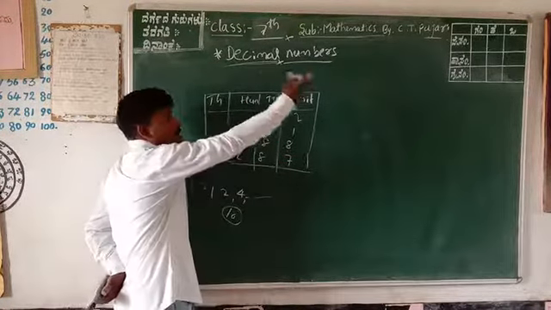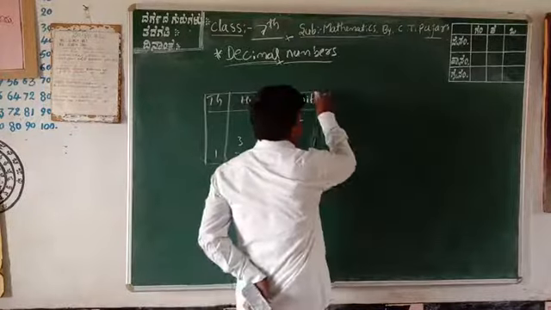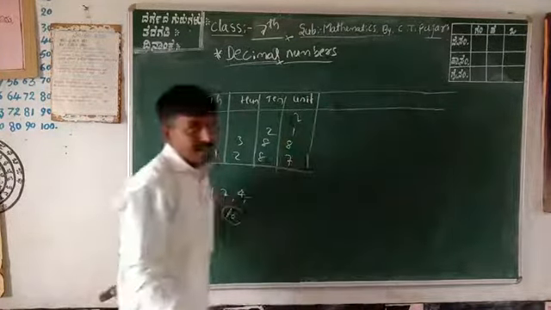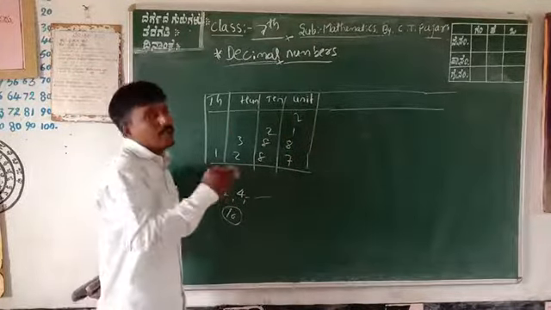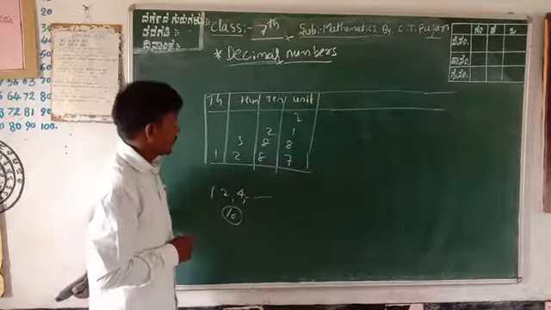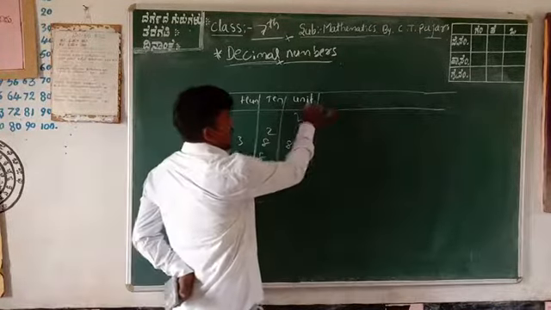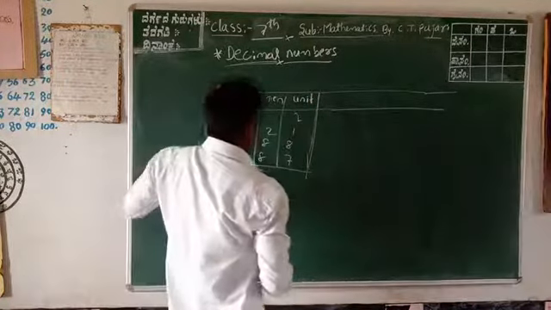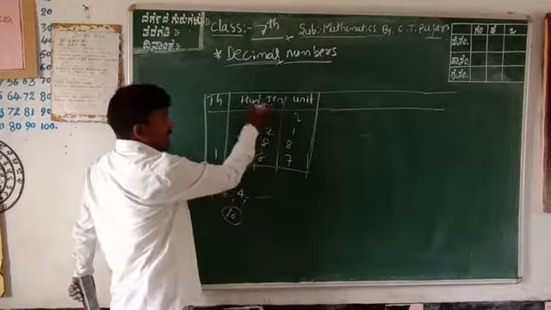Decimal numbers are less than whole numbers. Therefore, in the unit place, on the left side are only 10, 100, 1000.